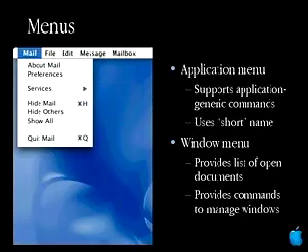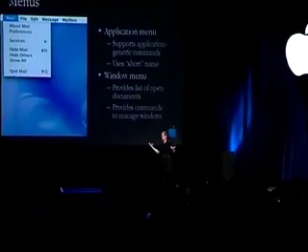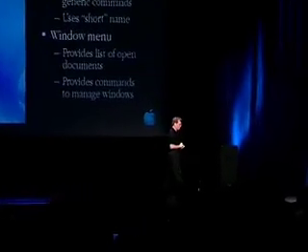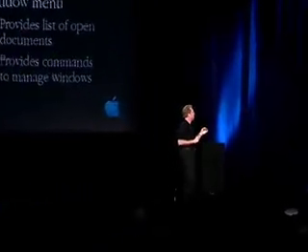Now in DP3, we used to put the application icon in the menu bar. And now in DP4, we put the application name in the menu bar. We're going to make this a user preference. We'll let people choose. What do you want? Now, one of the things that's interesting is, of course, we can have applications with very long names. So what we're asking of you is to provide a short name.